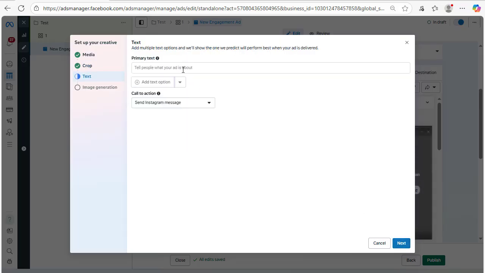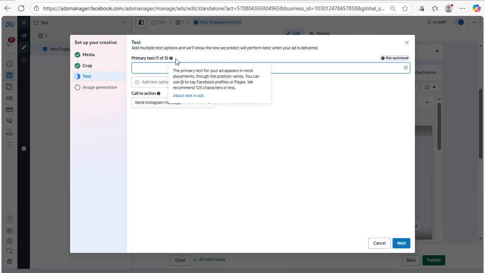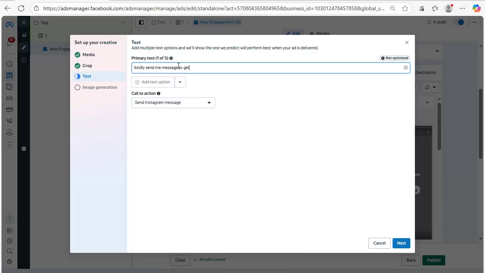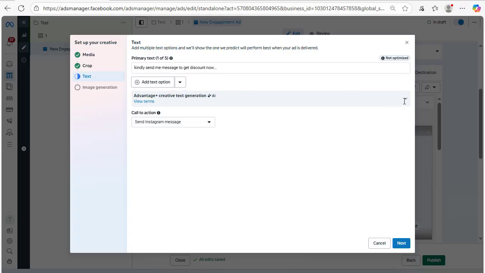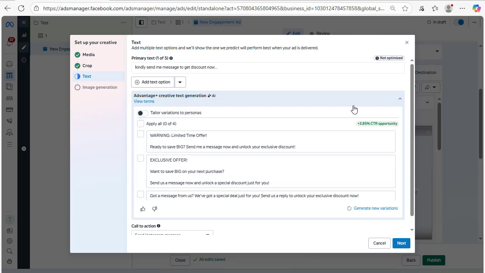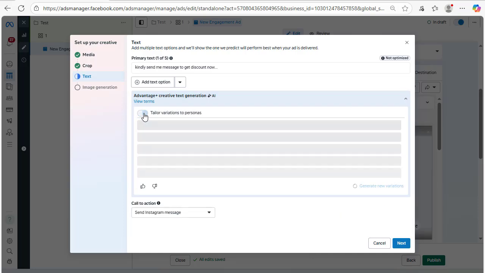So on this side now, you can see that you can add up to five different write-ups on it. So they will be alternating between the write-ups. So now when you've written that, Facebook is automatically going to generate similar stuff. You can see. So now you can easily toggle this on.